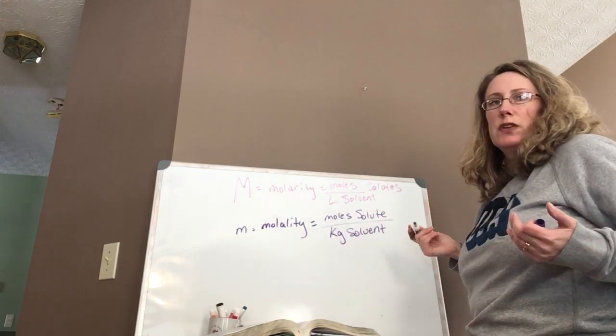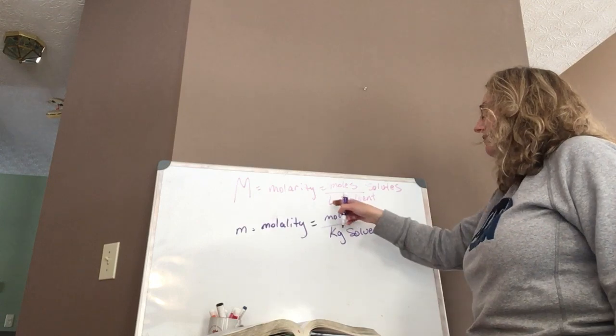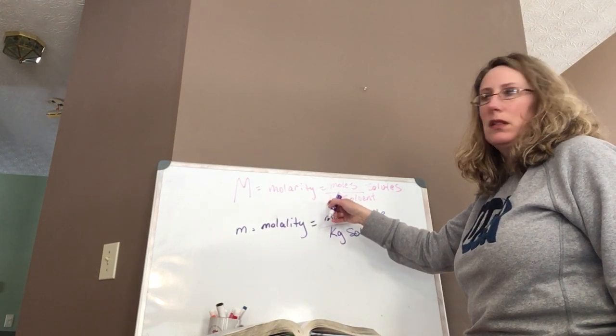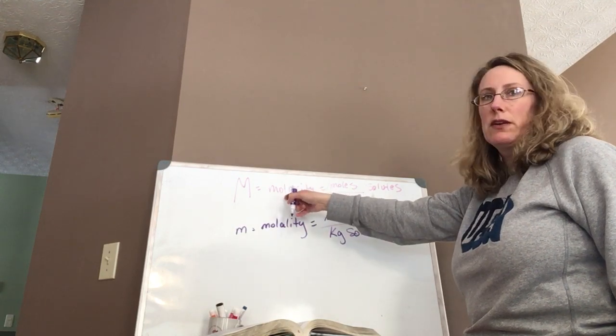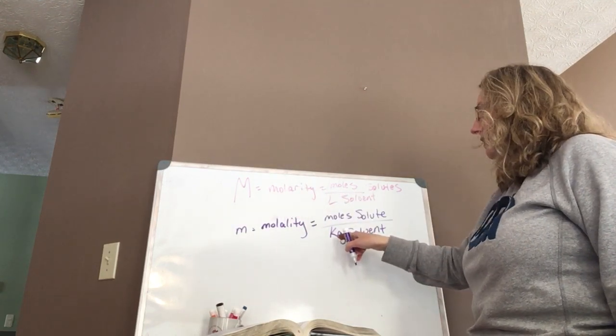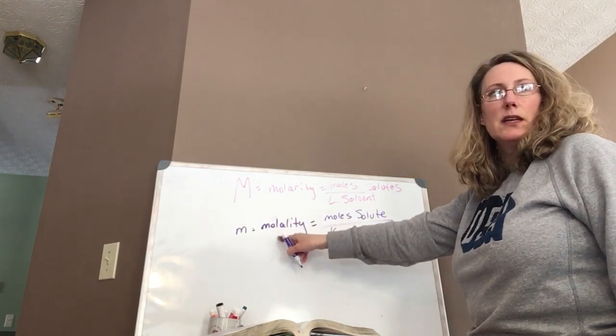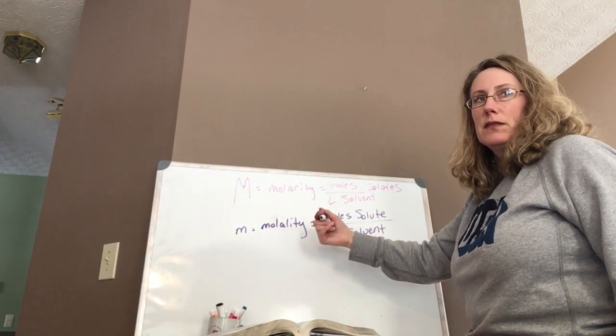So how do you know which one you use? Well, if they gave you a measurement in liters or milliliters, you can calculate the molarity. If they tell you that you have 100 grams of water, you're going to know that you're doing molality. That's the big difference.